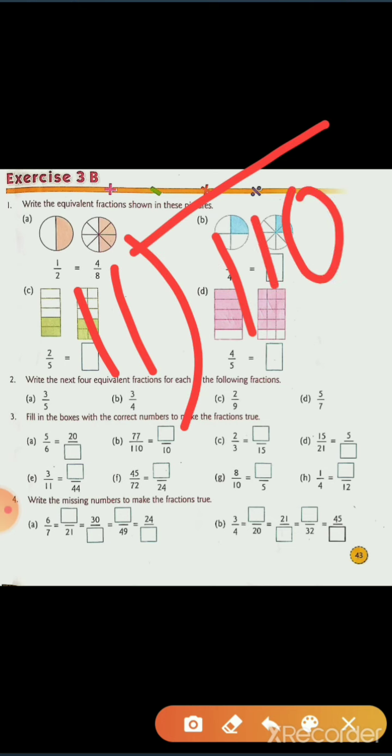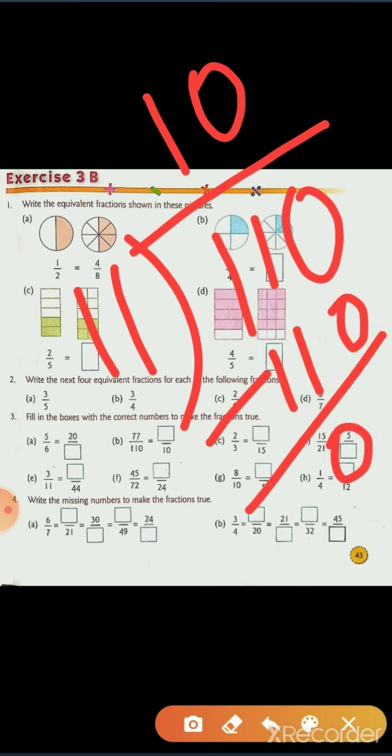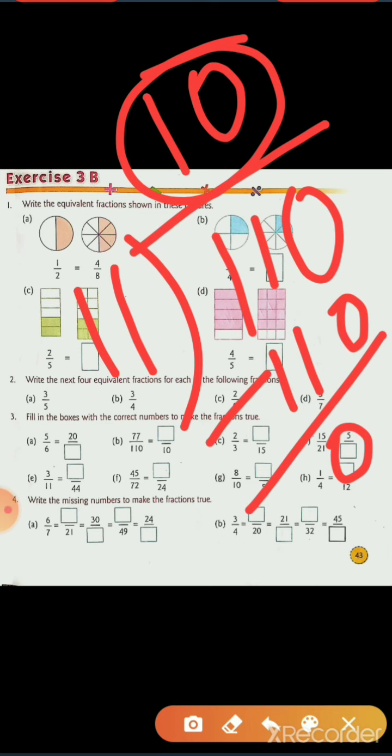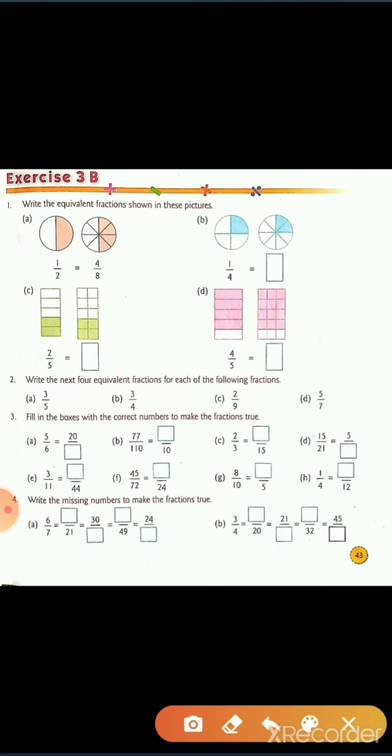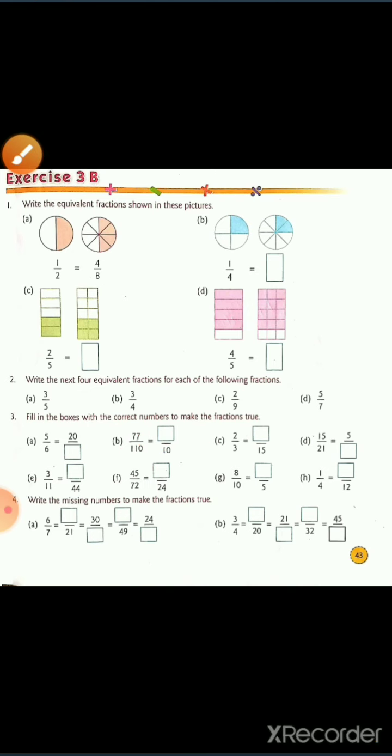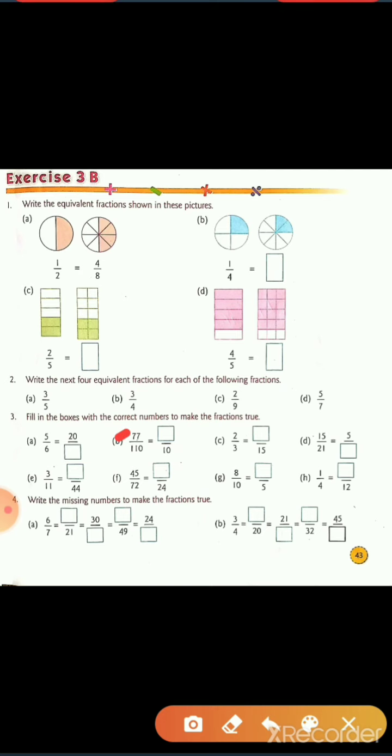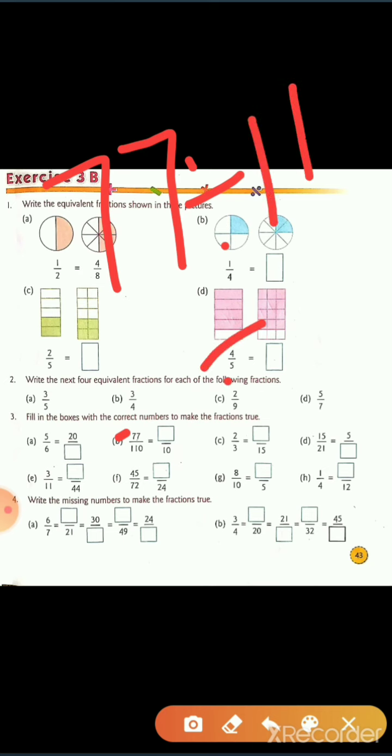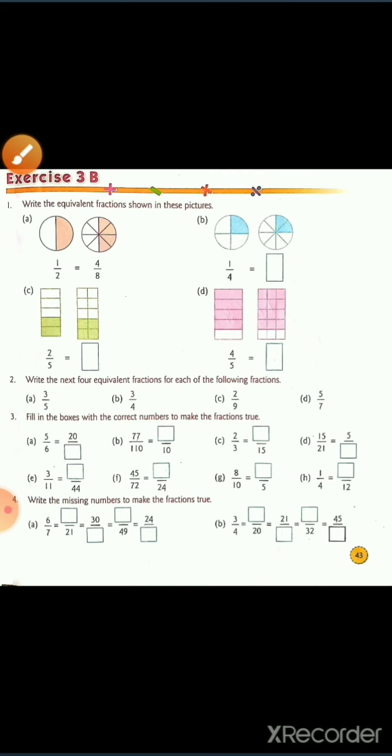We know in the table of 11, 11 tens are 110. So if you divide the denominator 110 by 11, then only we will get 10. Similarly, in the numerator also we have to divide by 11. So 77 divided by 11 is equal to 7, because 11 sevens are 77. So here 7. In this way, you try to find out and solve all the questions from question number 3.